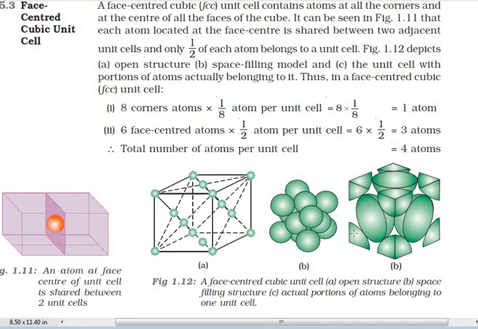So the 6 are occupied, and if you are placing it in a 3-dimensional structure, the 6 faces will each have a contribution of 1 by 2. That means half of each atom will belong to that particular unit cell. Now you can see exactly this figure.